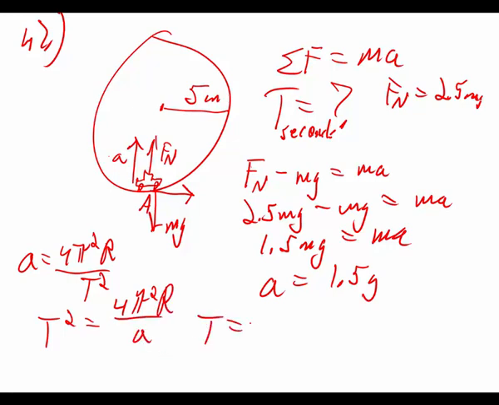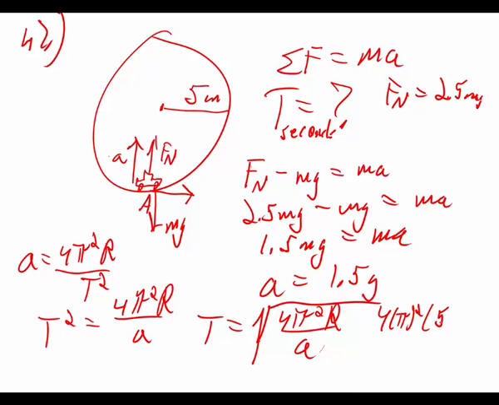Or t is equal to what? The square root of, that's all under the radical, 4 pi squared r over a. Now, plug and chug, right? So 4 times pi squared times 5 meters, that's all under the radical, over 1.5 times 9.8.